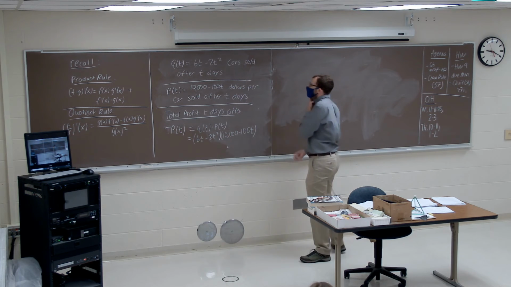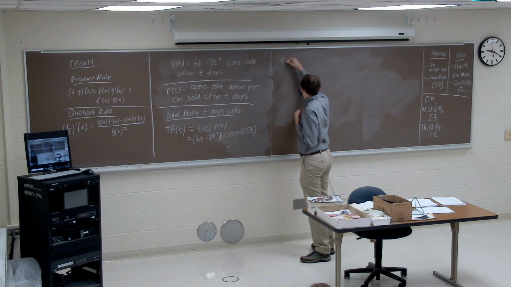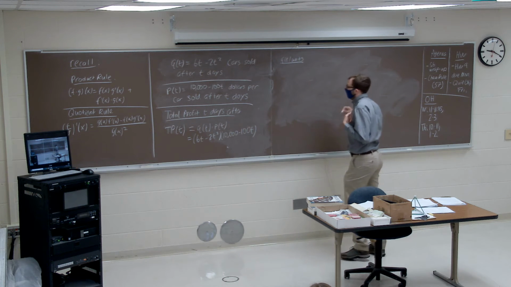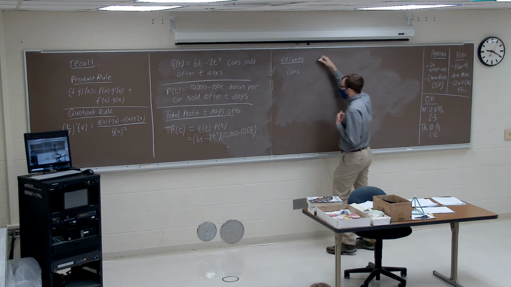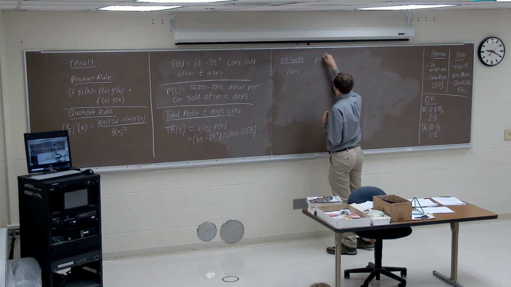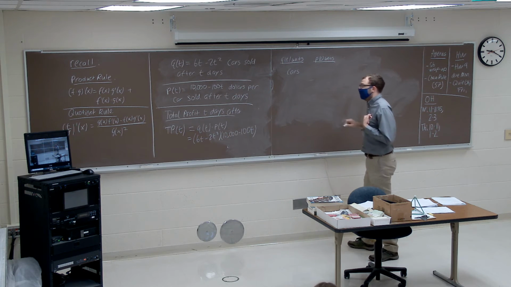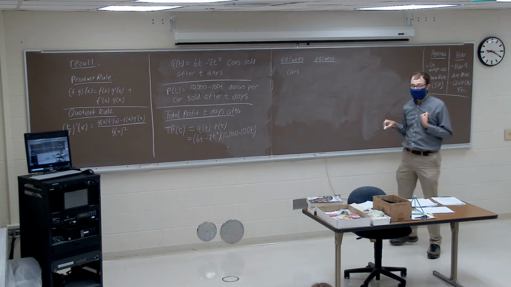If we take our units for Q of T, Q of T's units is just going to be cars. And if we take the units for P of T, it is dollars per car.